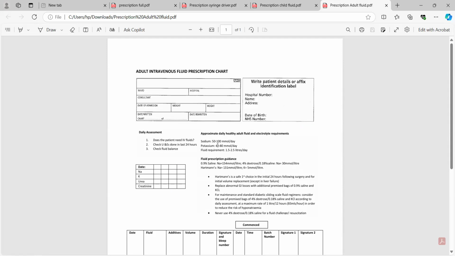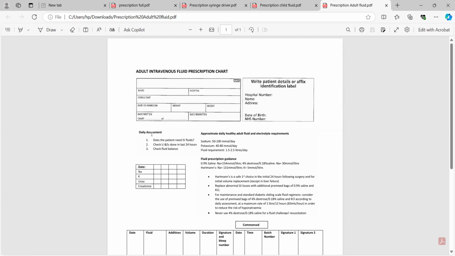Inside of the cubicle, you can find these prescription letters. It is different in different trusts of NHS, but usually in the UK exam, they keep these prescription letters. Okay, this is the adult intravenous fluid prescription chart.